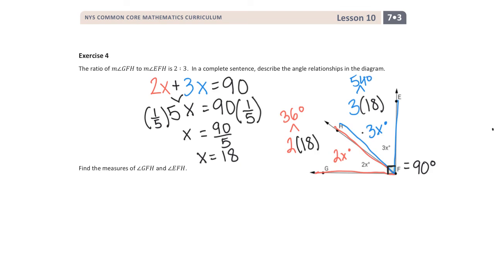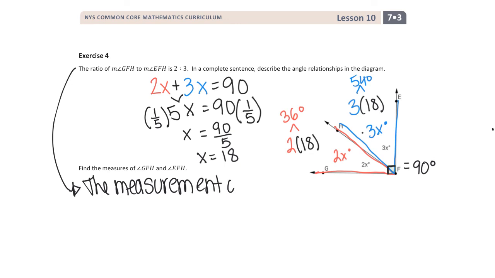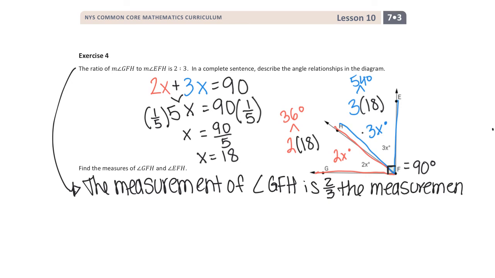So answering our question above, the measurement of angle GFH is 2/3 the measurement of angle EFH.